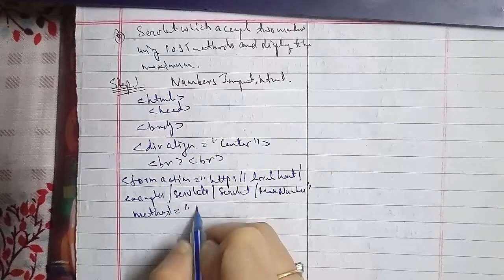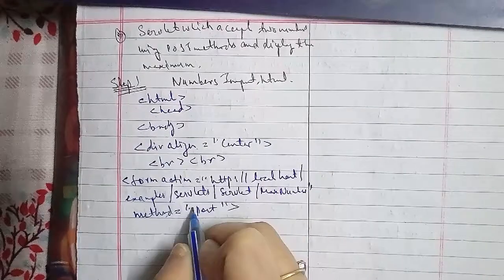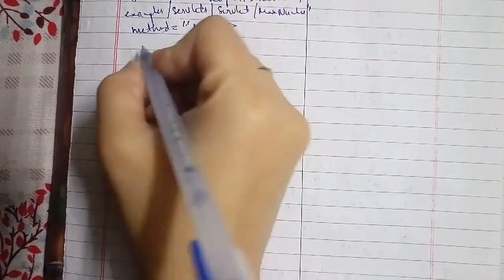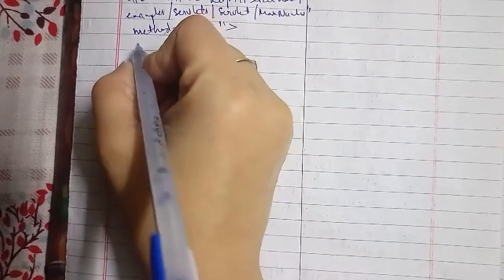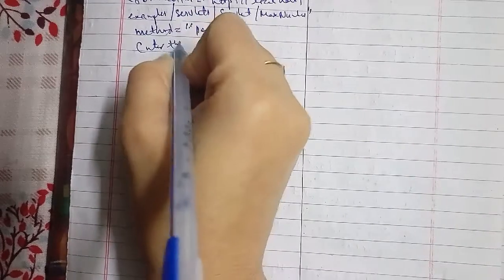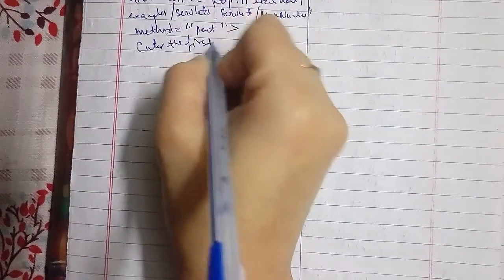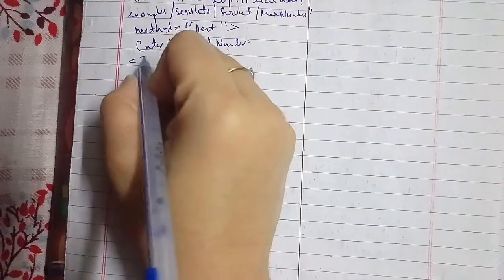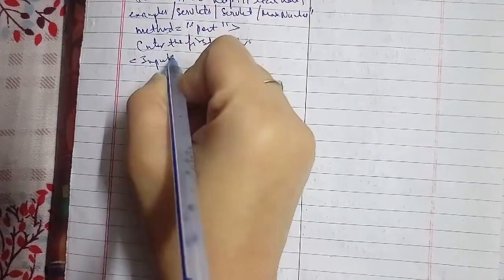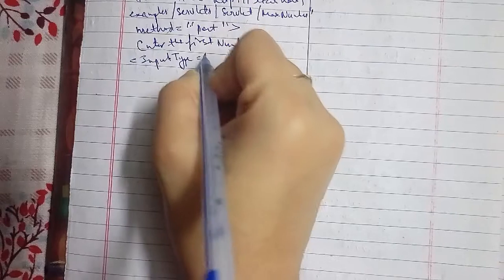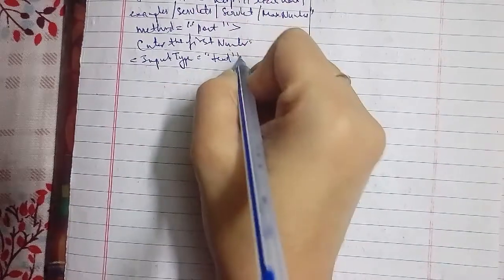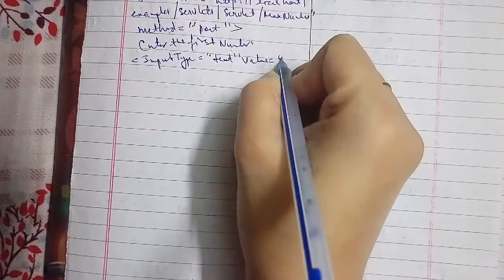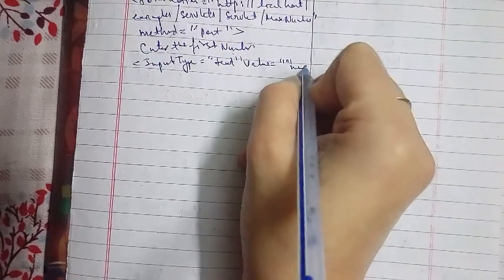Enter second number, input type equals text, name equals number2, size equals 5, and then we'll break it out.